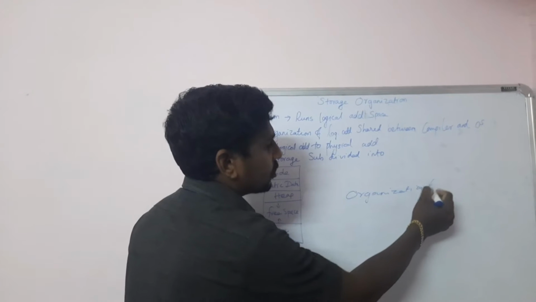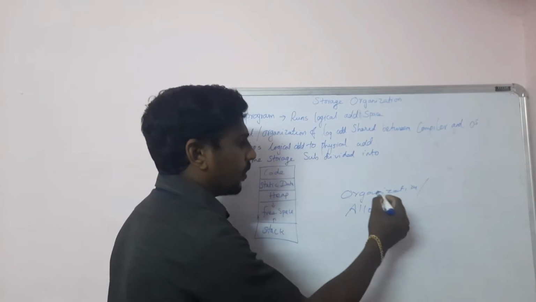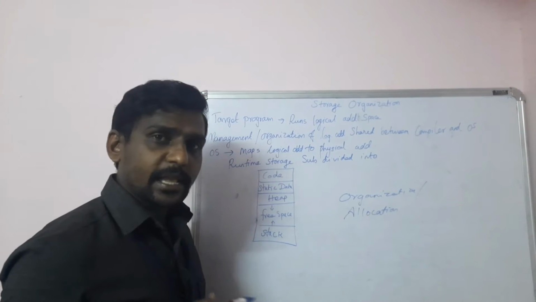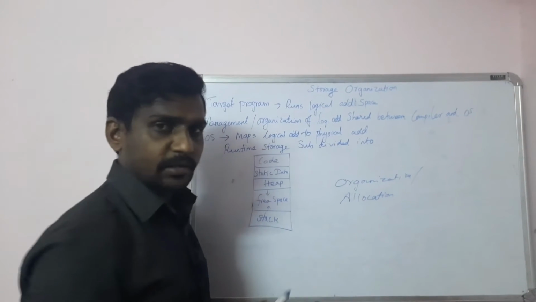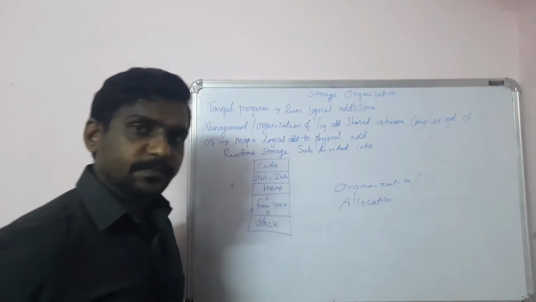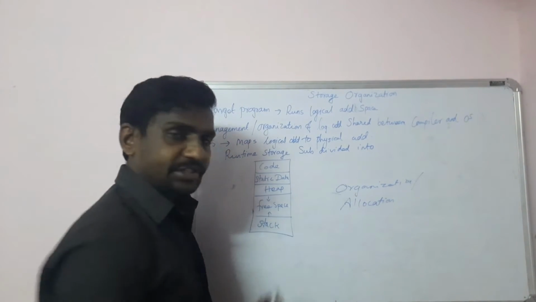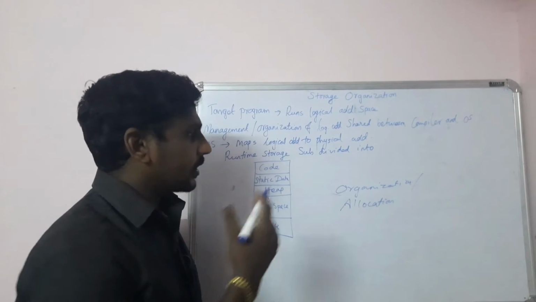and storage allocation. There are two major different strategies for how the program is saved in a memory. First one is storage organization. Second one is storage allocation. So in this topic, I am going to teach you what is storage organization, how the memory is organized.